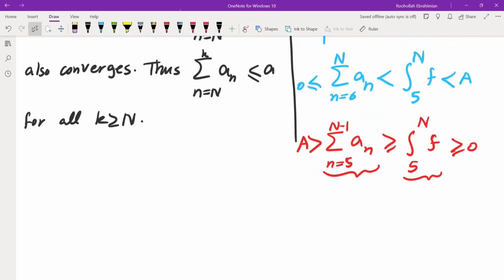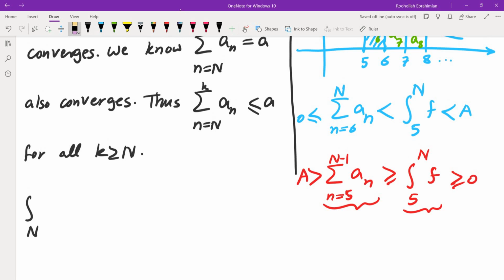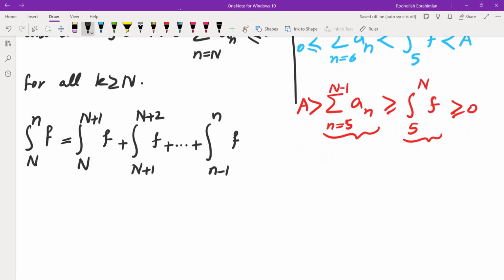So if I take a look at the integral from capital N to k of f, this is the integral from N to N plus 1, plus N plus 1 to N plus 2, and so on, plus k minus 1 to k of f, by additivity.